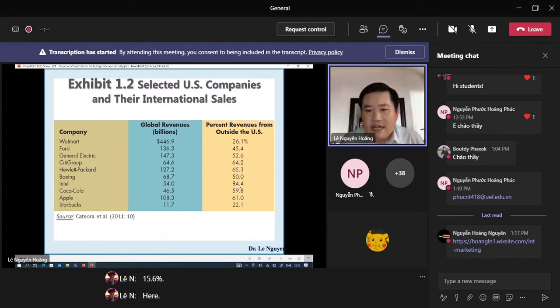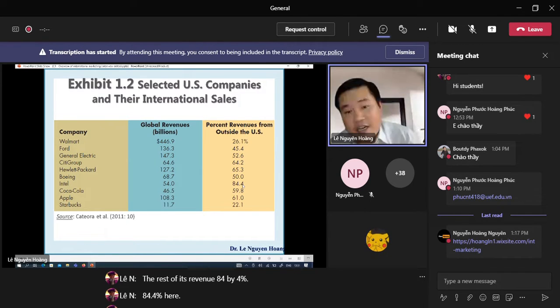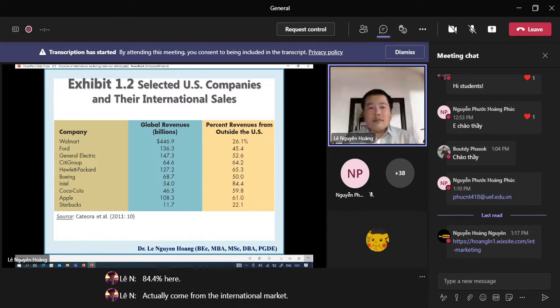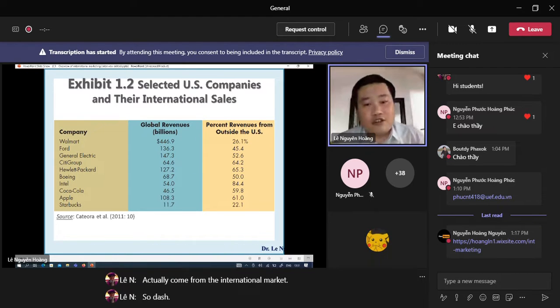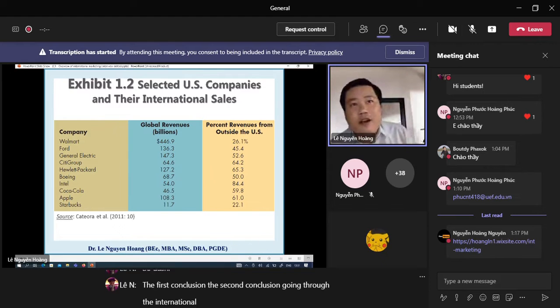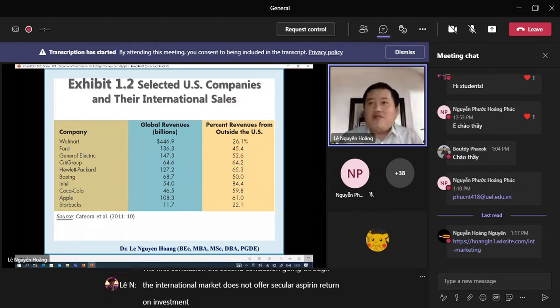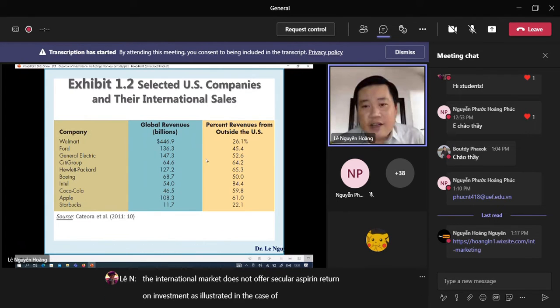The rest of its revenue, 84.4%, actually comes from the international market. So that's the first conclusion. The second conclusion: going to the international market does not often secure an expected return on investment, as illustrated in the case of, for instance, Walmart.